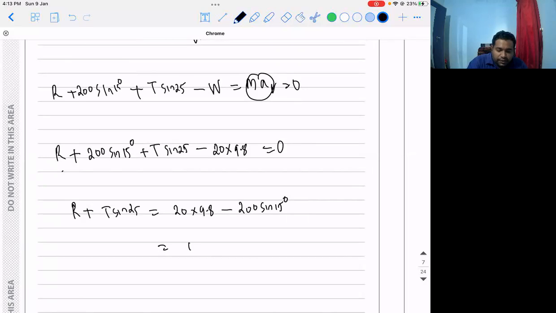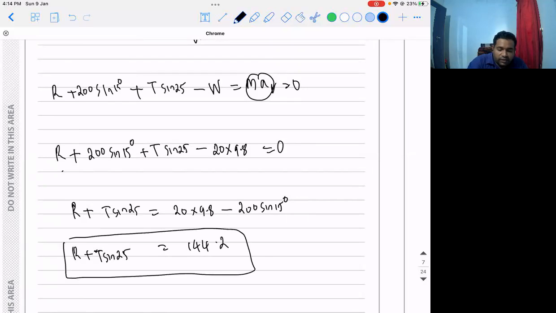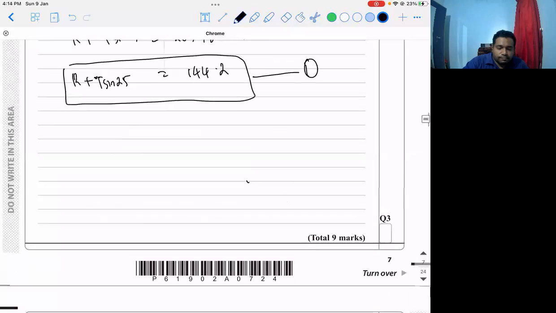I think it is 144.2. So R plus T sine 25 is 144.2. So this is one of the equations of the simultaneous equations.